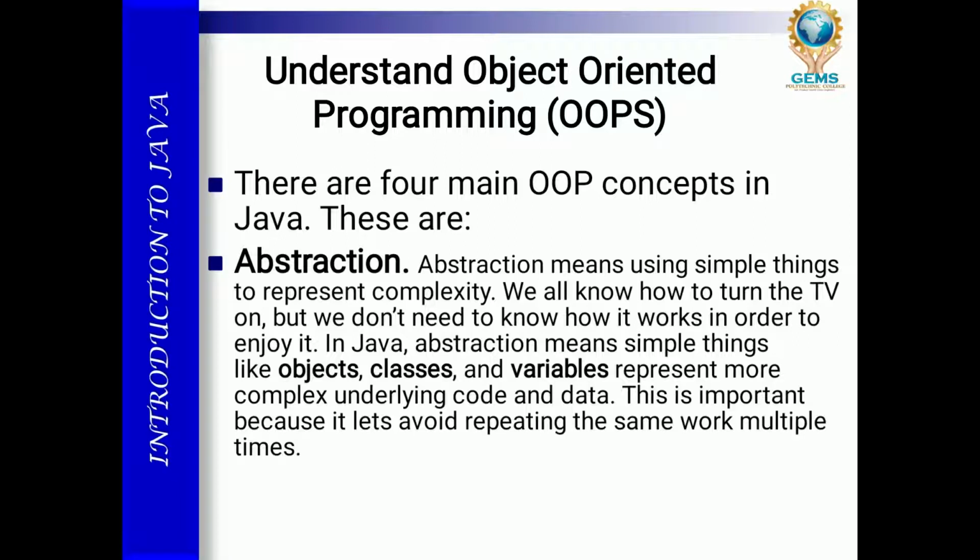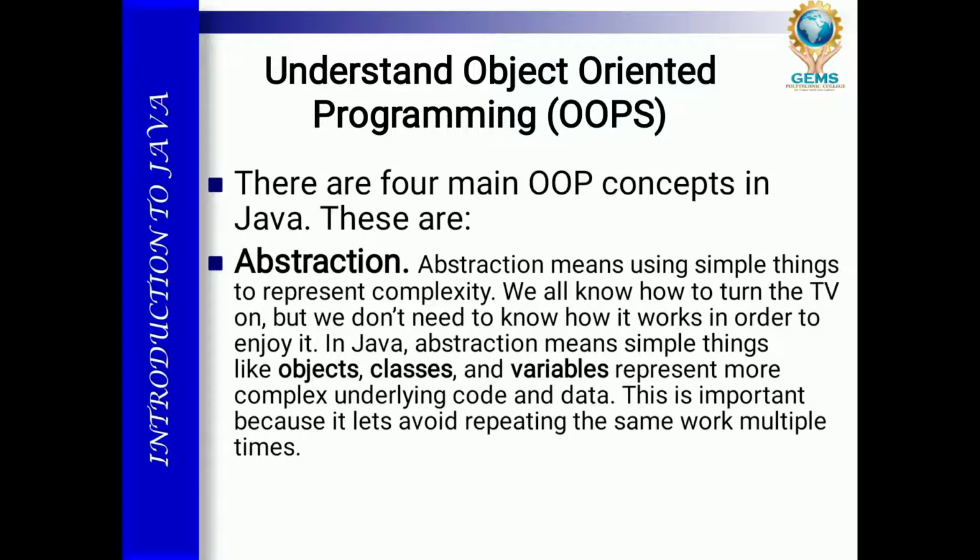For example, just take a TV. You want to watch TV and enjoy it. What you have to know is only one thing: how to switch on the TV. And the remaining things will work together automatically.